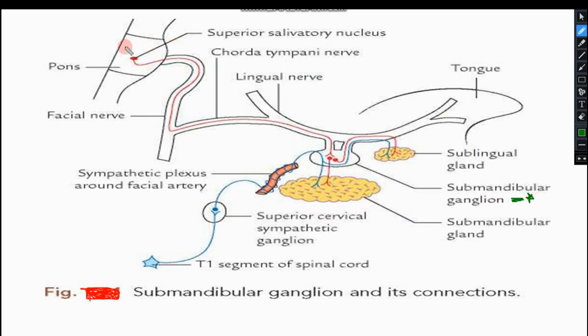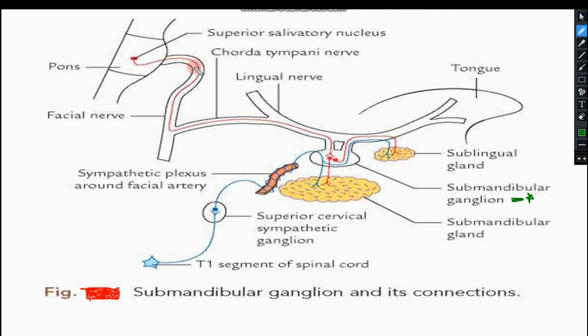In the pons, the superior salivatory nucleus, the preganglionic fibers, which are parasympathetic, belong to which functional component? They belong to general visceral efferent.